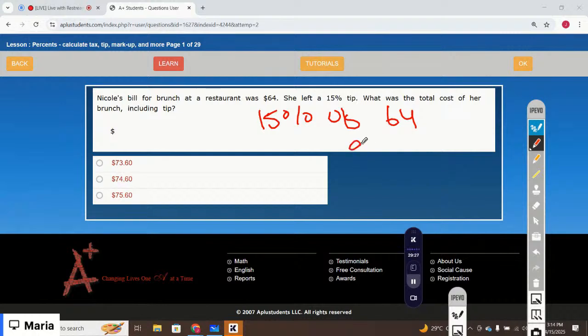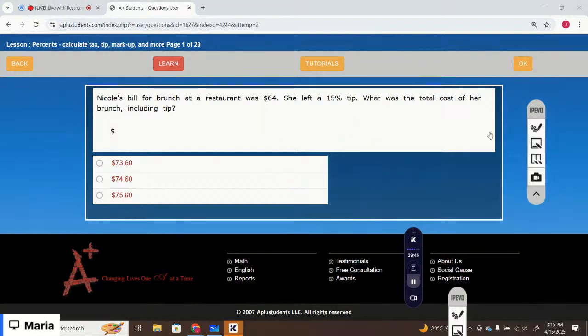That is $9.6. So the total cost, including the tip: the cost is $64, the tip is 9.6. So just add 9.6 plus 64, which is 73.6. Option number 1 is the correct option.